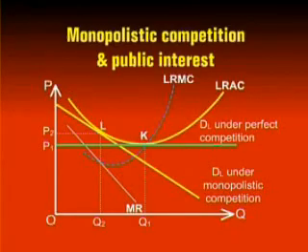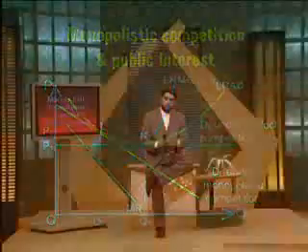This contrasts with the case for monopoly, where the demand curve is inelastic and where the 2 points will be quite further apart. Note, my friends, that this cost to society, which occurs because of the difference between points K and L, has to be weighed against the benefits of the extra diversity that monopolistically competitive firms give us.